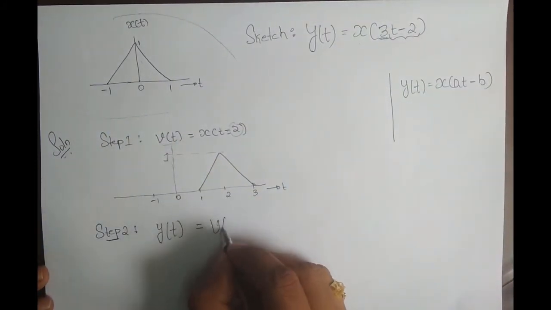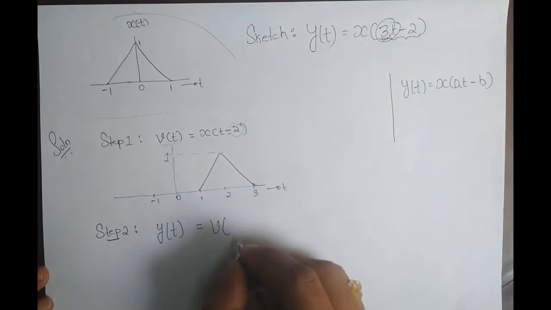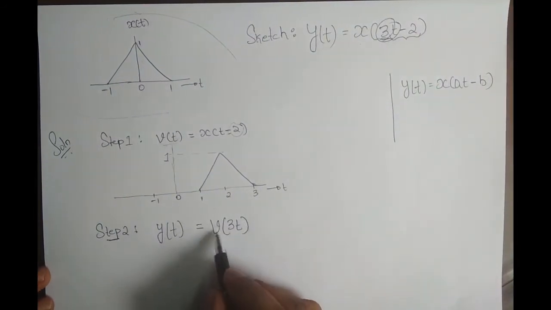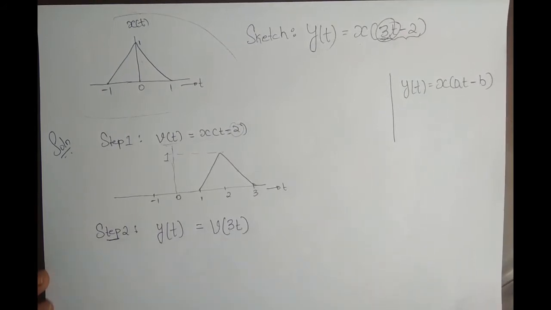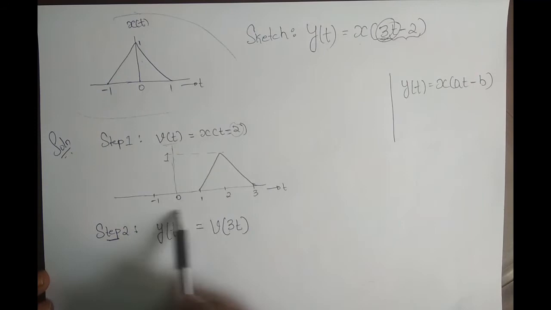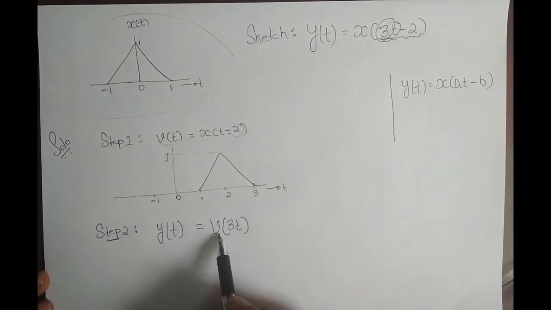So it is v of 3t. Ignore the shifting part now. What I want is v of 3t. If I know v of t, this is my v of t signal, how do I sketch v of 3t? This signal operation is the time scaling operation.